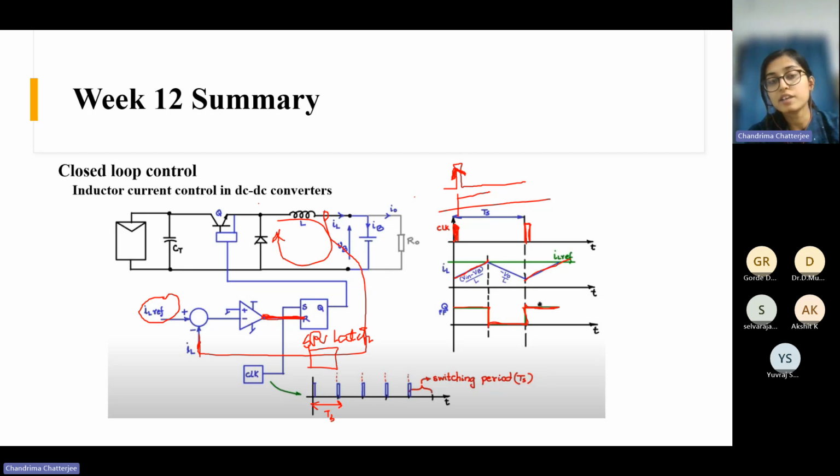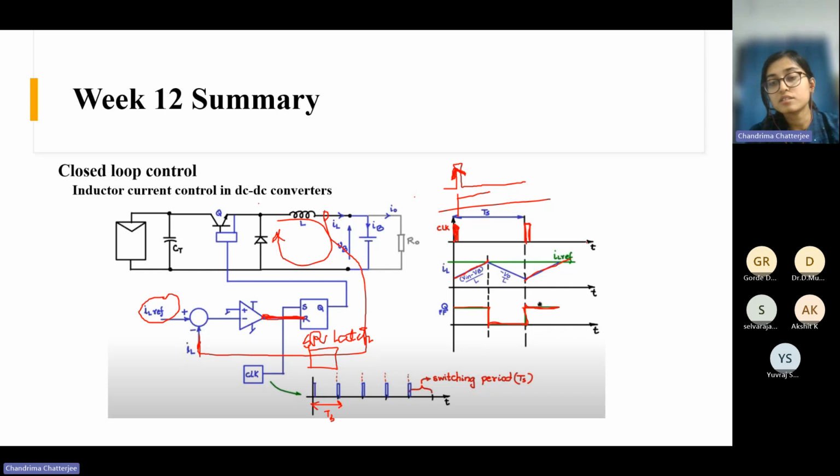Okay. I am also not sure, because I have not used this kind of circuitry for my work. I use a DSP, and I code all the things there. So maybe I am not sure. Maybe here you have to reset it also, right?